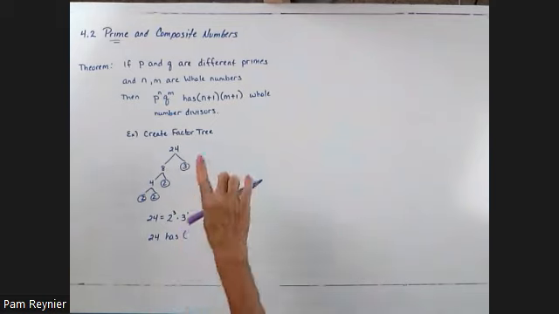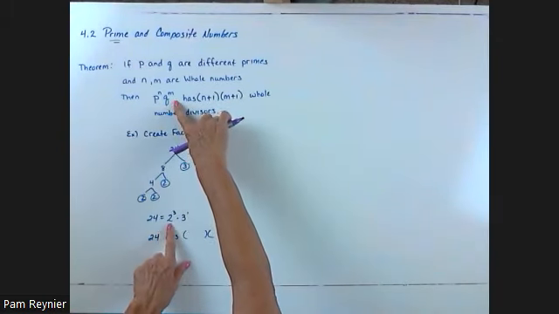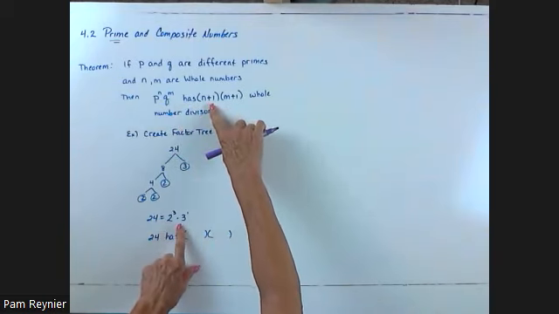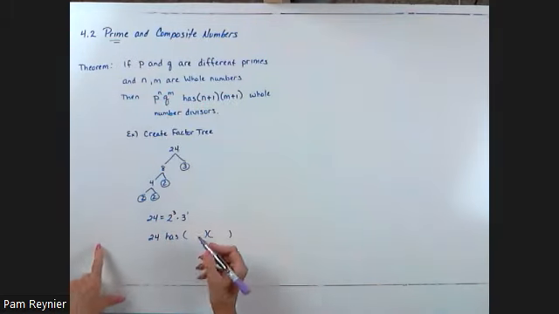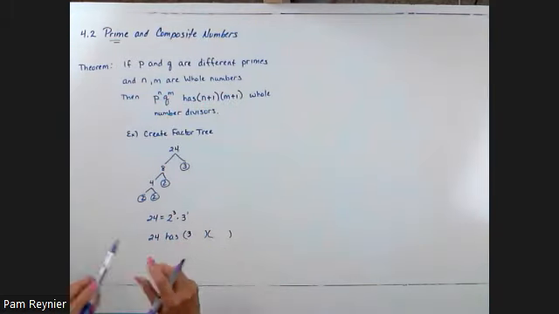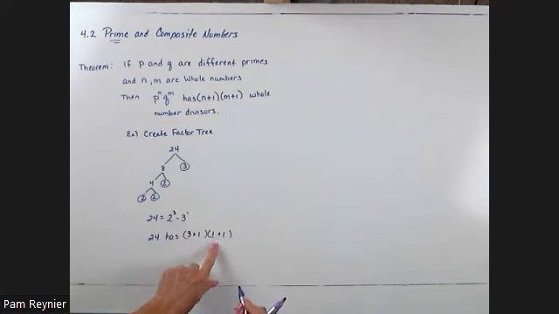So now, according to this theorem, once it's factored out, 2 to the third, 3 to the first, and take a look, n and m come right off of those powers. So this is going to have 3 plus 1 times 1 plus 1. I just took those exponents and put them right in there.